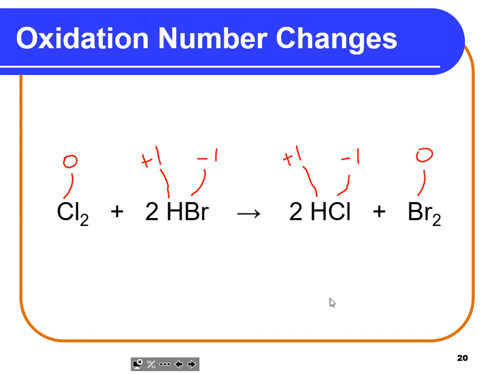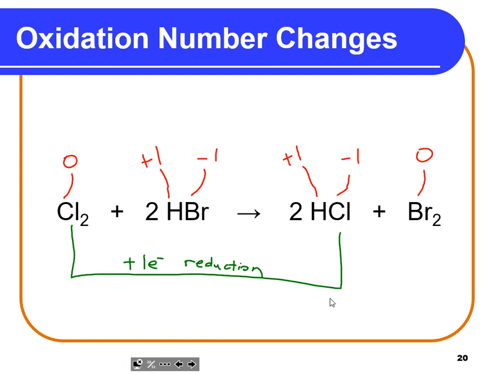Bromine here is going to be 0. So once again, chlorine is changing right here. Chlorine went from a 0 to a -1, so it's added 1 electron. Gaining electrons means it is reduction.